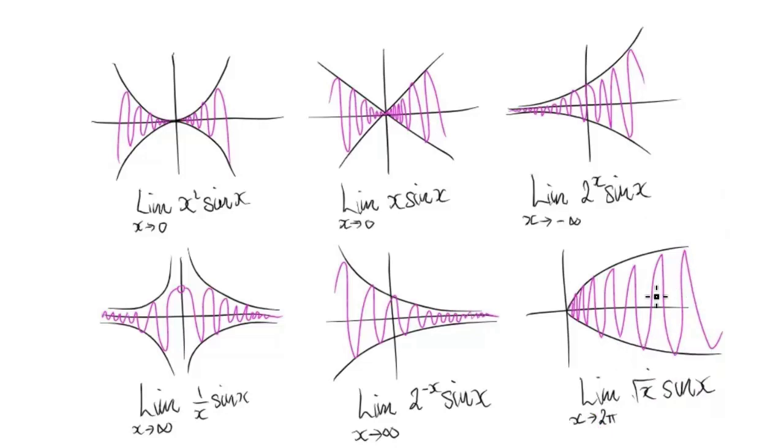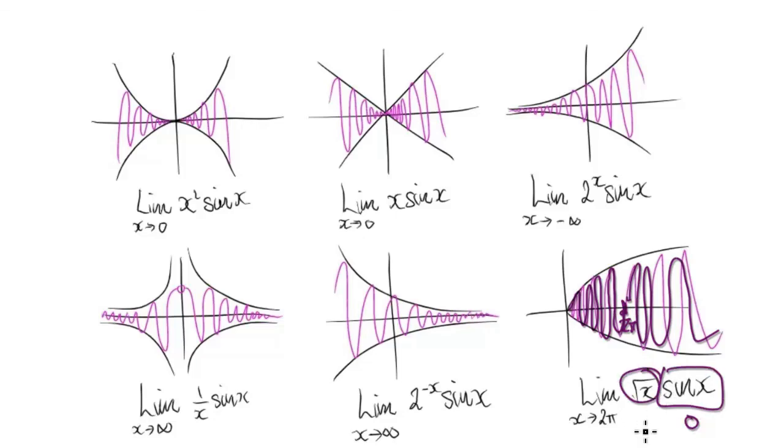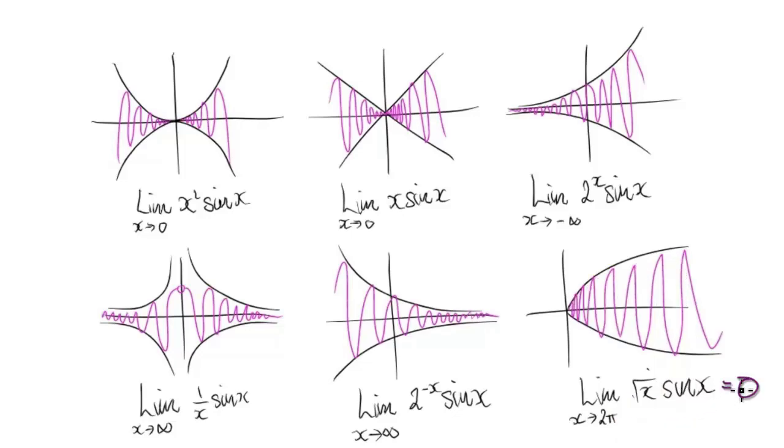So when you're heading towards 2 pi, you're actually heading towards 0, because this block will be 0, this block here will be root 2 pi, and root 2 pi times 0 would be 0. So the limit is actually 0. Okay.